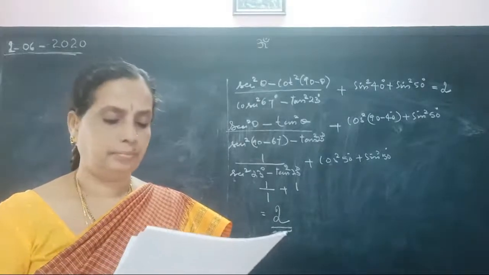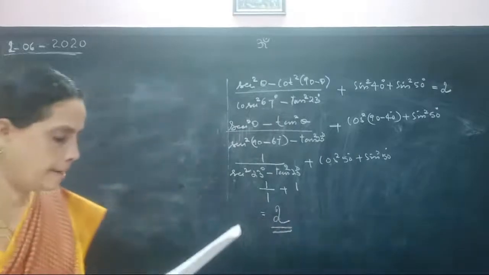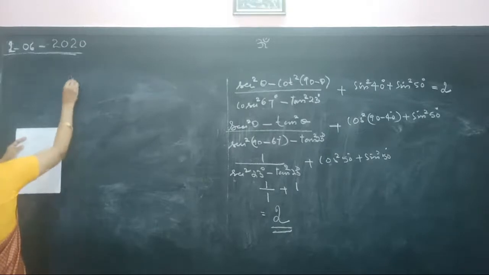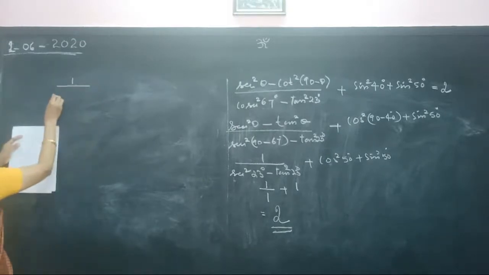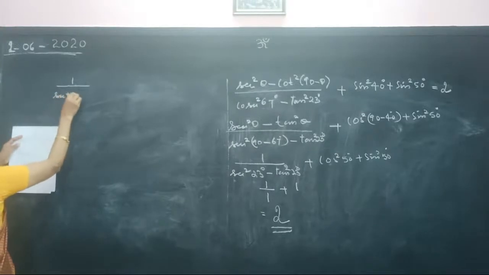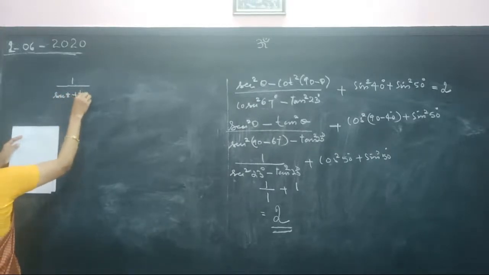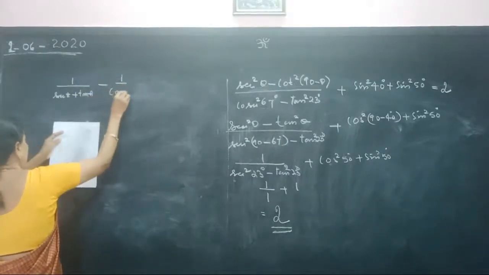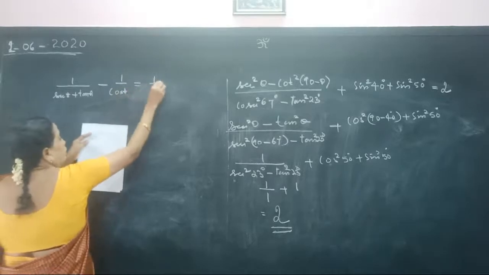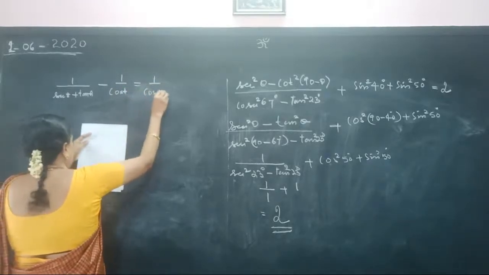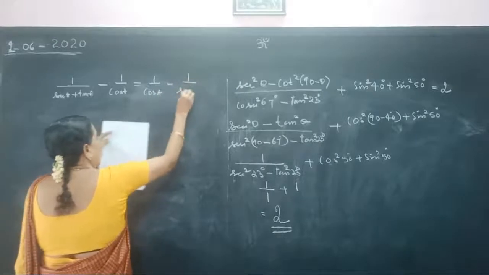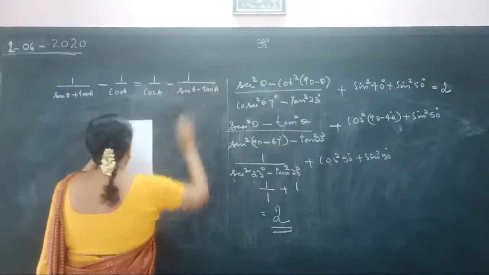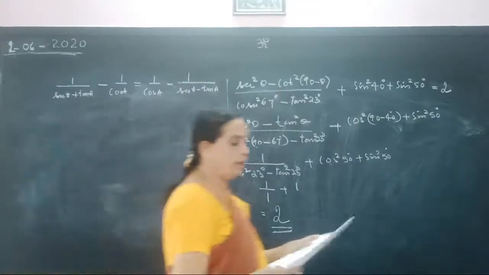Prove that. Again, prove that 1 upon secant A plus tan A minus 1 upon cos A equals 1 upon cos A minus 1 upon secant A minus tan A. You have to prove LHS equal to RHS.